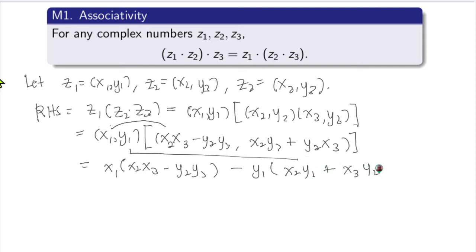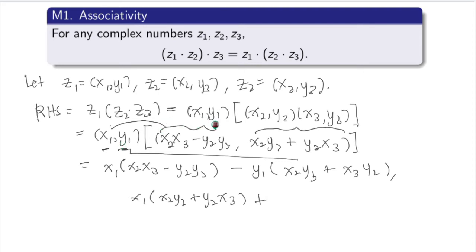For the imaginary part, we have outer, so that's x1 times this quantity here, x1 times x2, y3 plus y2, x3, plus inner, so that's y1 times the quantity here, y1 times quantity x2, x3 minus y2, y3 for the imaginary part.